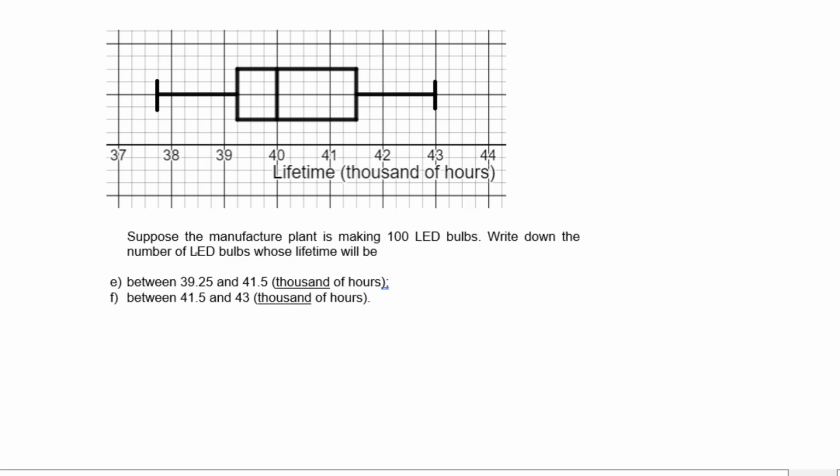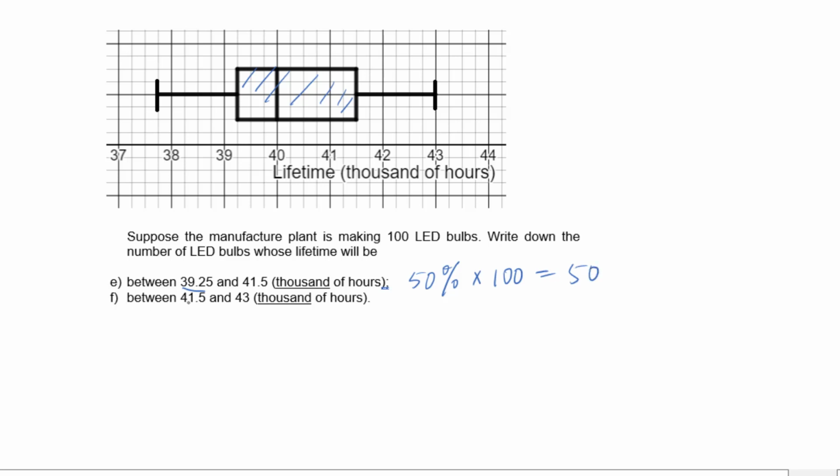Suppose the manufacturer plant is making 100 LED bulbs. Write down the number of LED bulbs whose lifetime will be between 39.25 and 41.5. Basically, it's here. 50% of the total number equals 50.